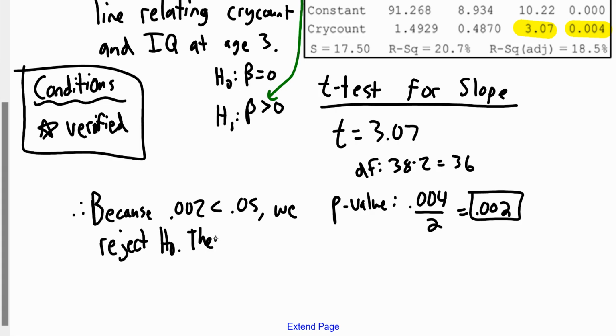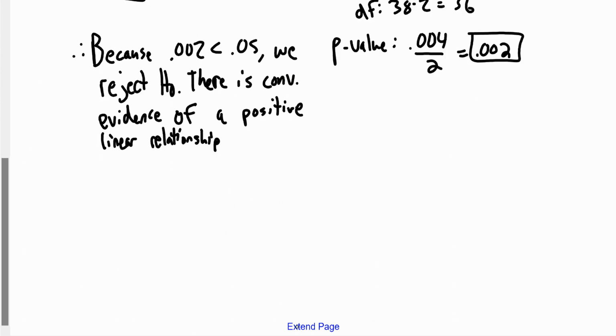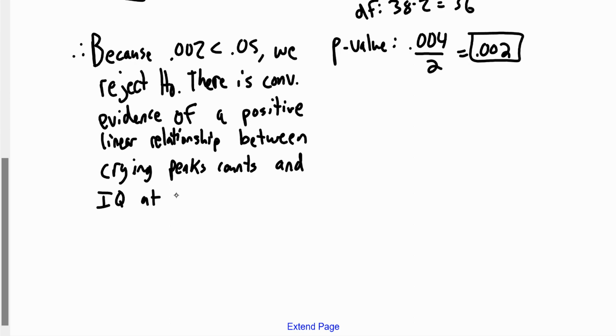There is convincing evidence of a positive linear relationship between these crying count peaks and IQ at age 3. Boom.